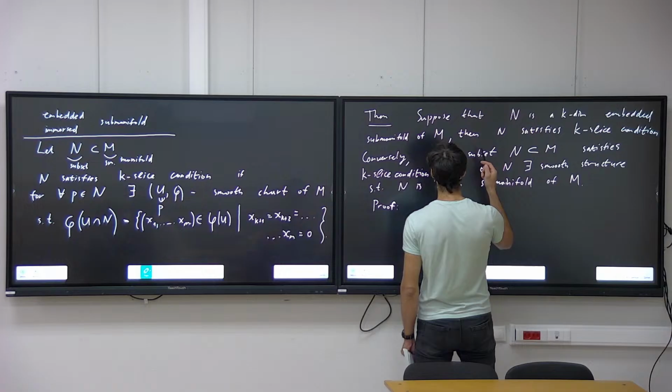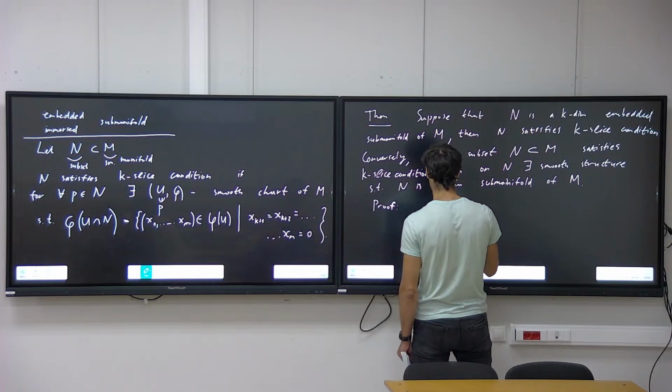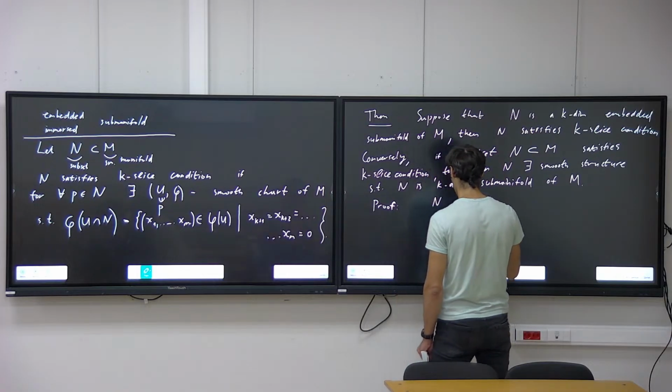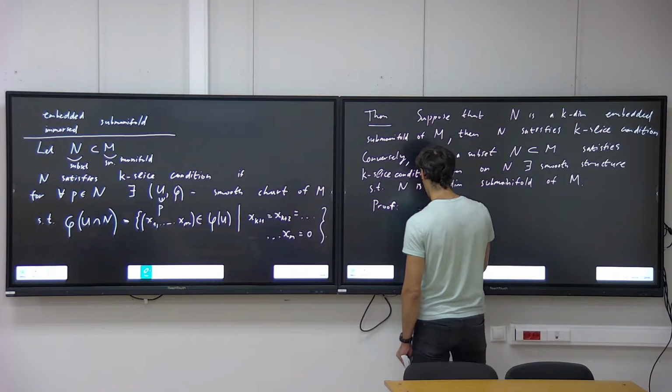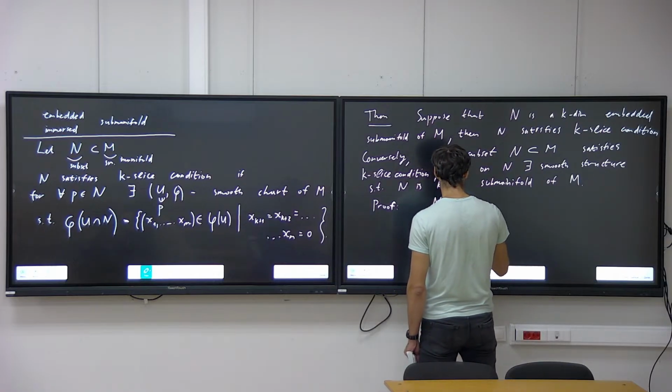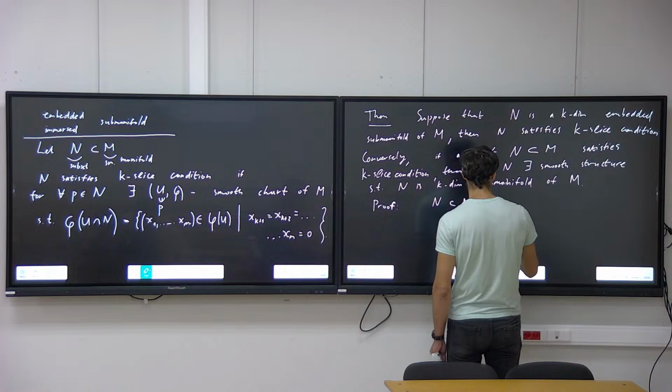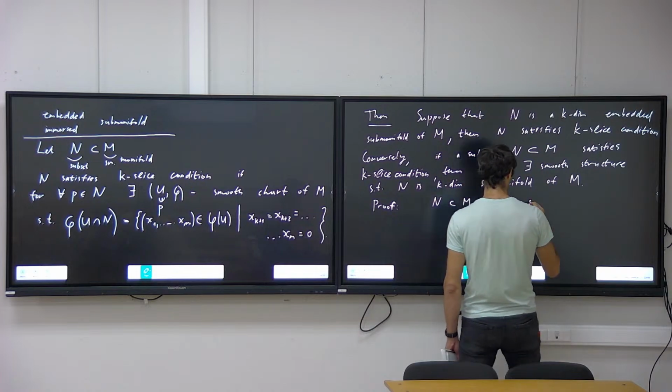So suppose that N is a k-dimensional submanifold.